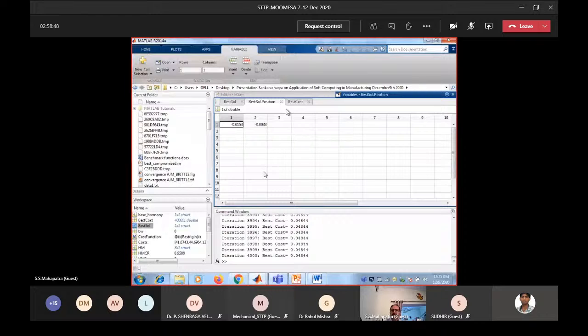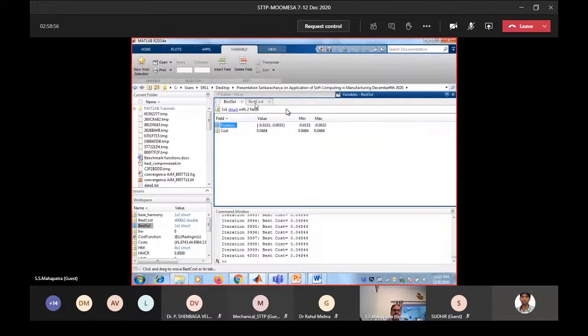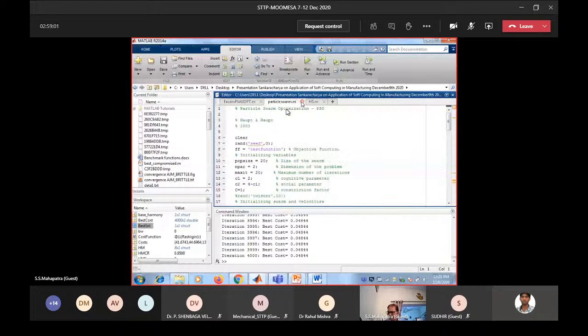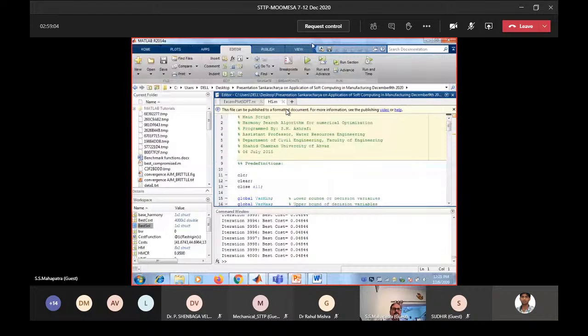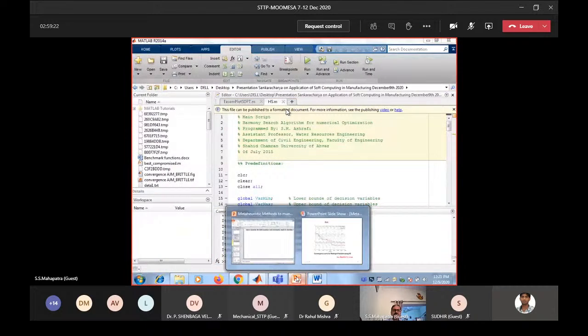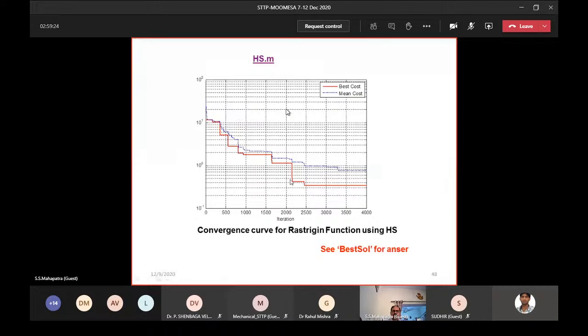But here it needs some more iterations, and definitely we will get it. Next, this is the convergence curve that we get.